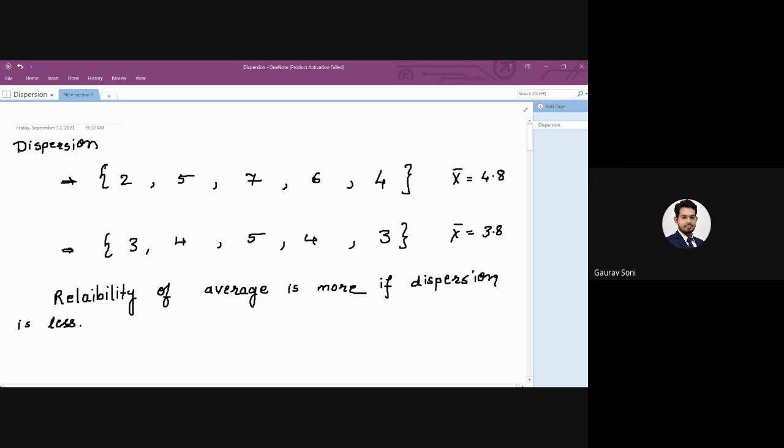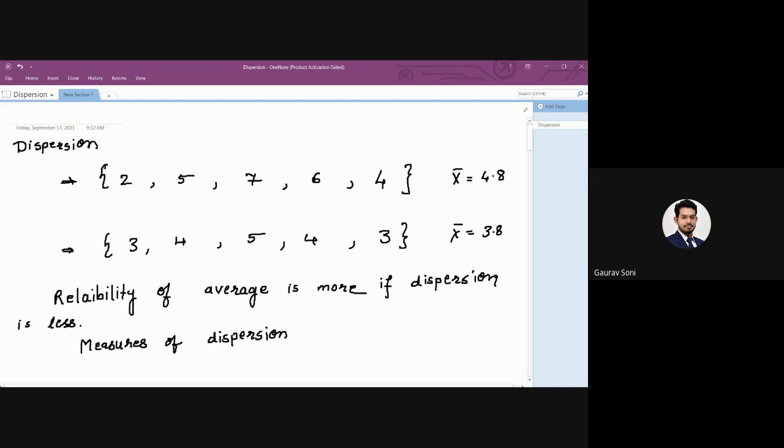So the name of this topic is measures of dispersion. What we are going to learn here are different tools by which we can measure the dispersion in the data, and once we have the measure of these dispersions, we can talk about the reliability of your average.